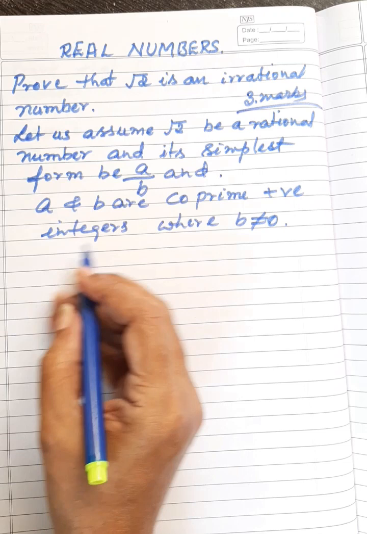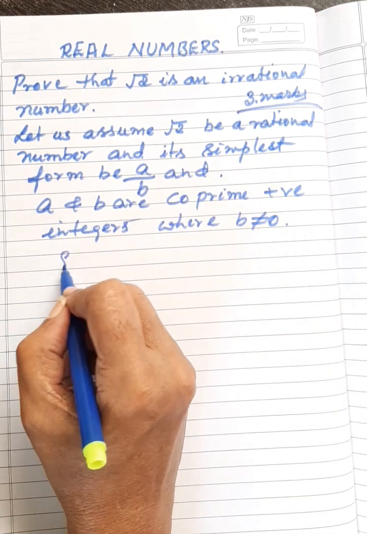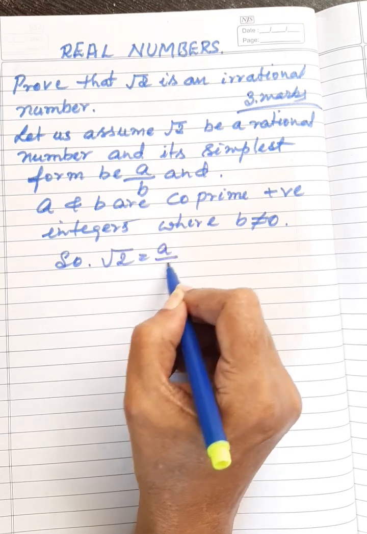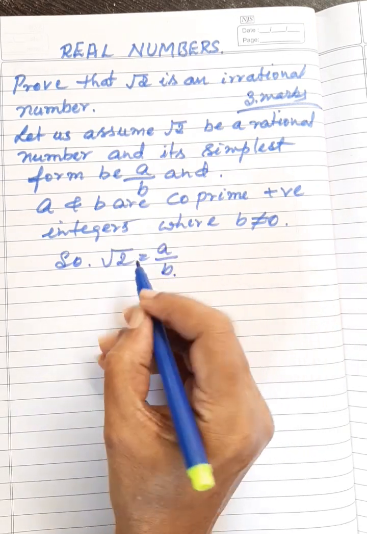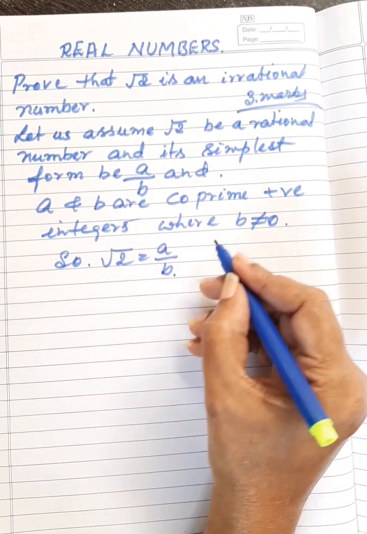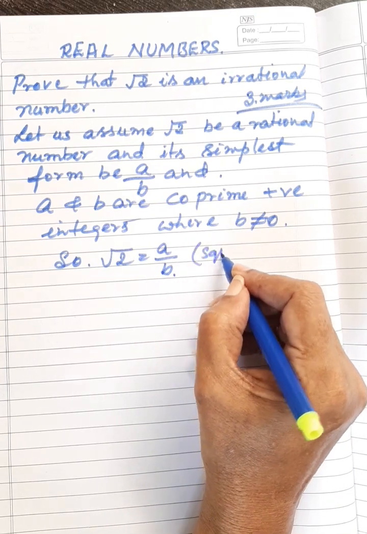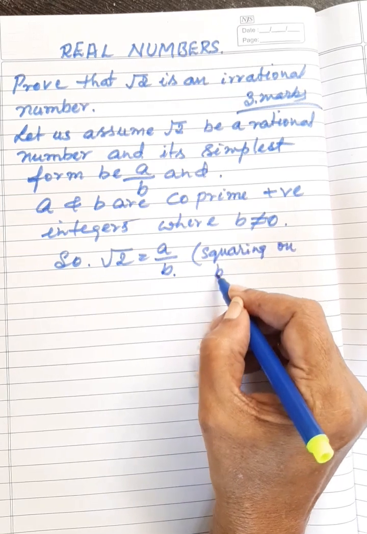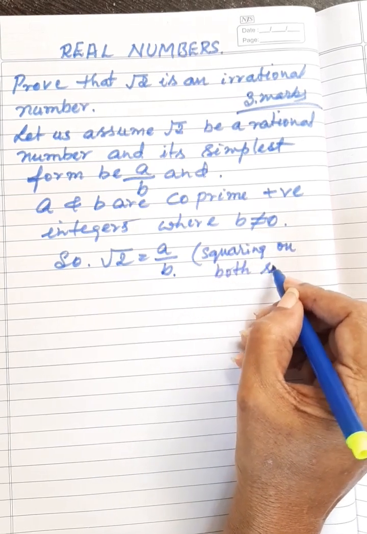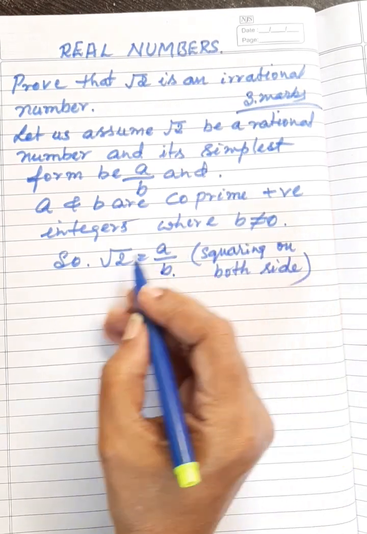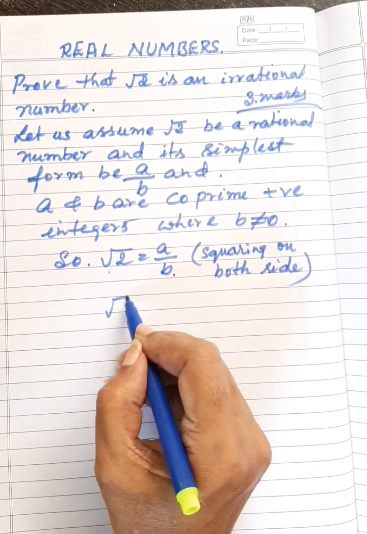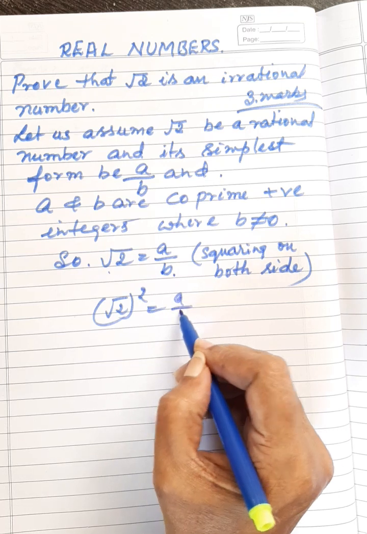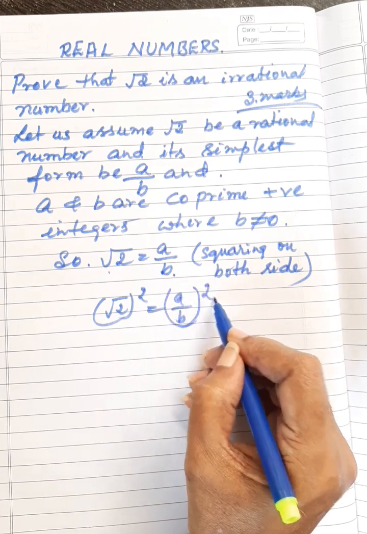Okay. Now, root 2 is equal to a by b. Now, squaring on both sides. So, root 2 whole square is equal to a by b whole square. Correct?